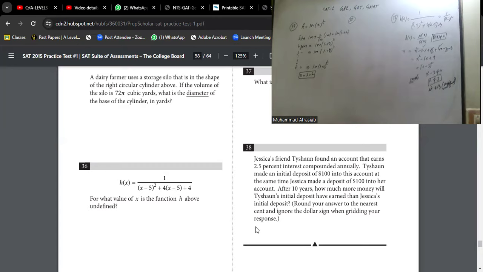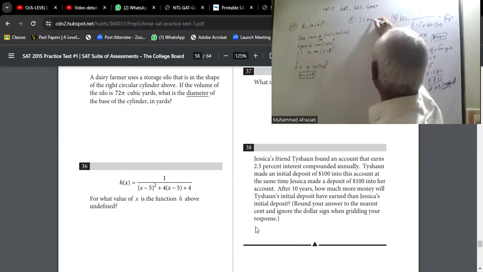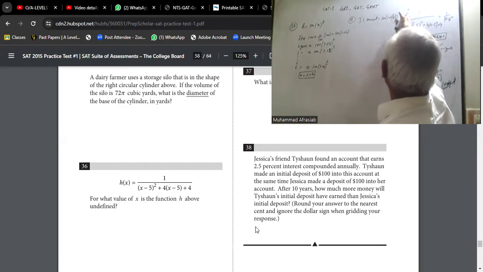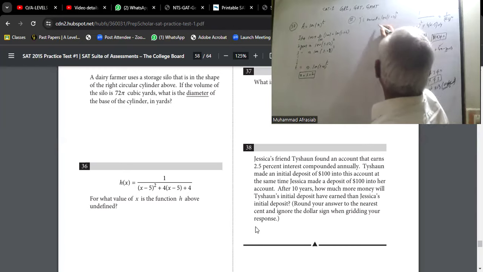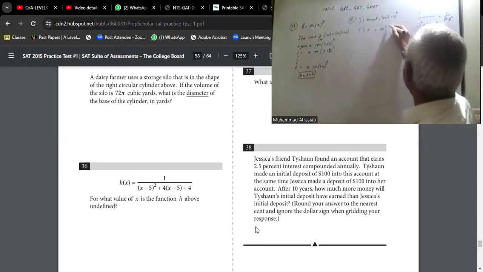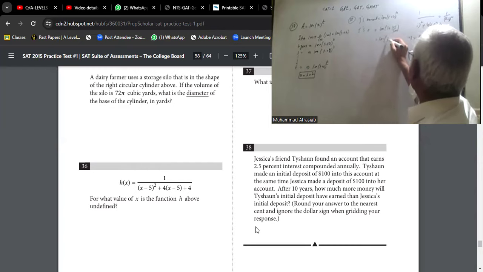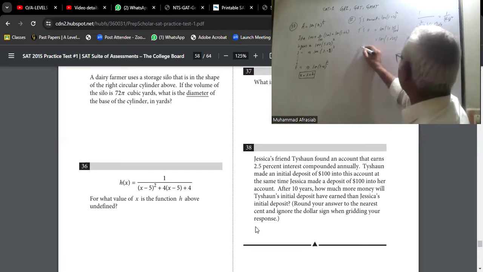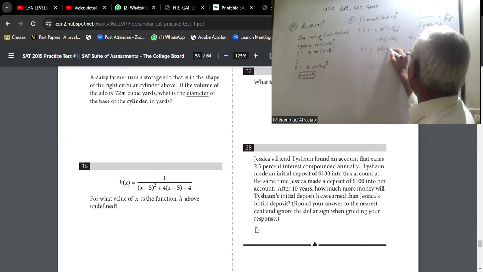So we know that this is the formula for compound interest. Jessica's amount will be 100 times 1.02 power 10, and Taishan's account is 100 times 1.025 power 10, because it earns 2.5%.